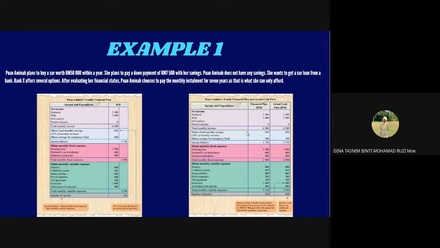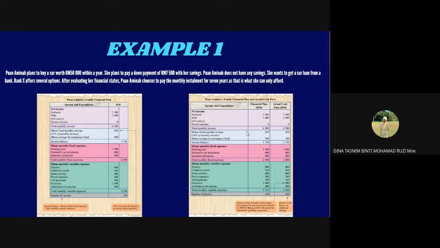So here you can see Puan Amina's family financial plan. First they will calculate the net income of the husband and also wife. They will get the total of 6,500 ringgit. And then they need to minus fixed monthly savings, which is 10% of monthly income. 10% of income should be kept as savings before spending so that she will not use it on other occasions.